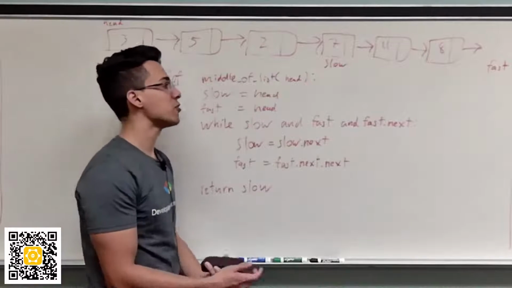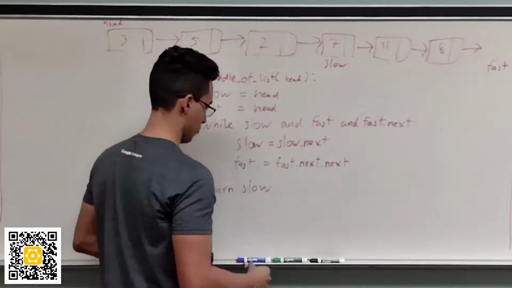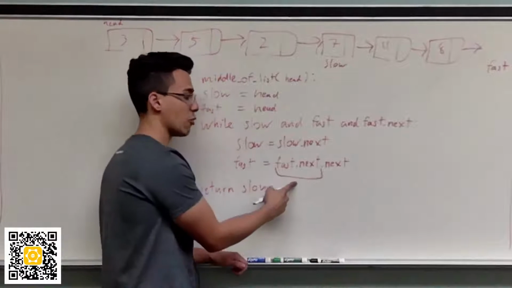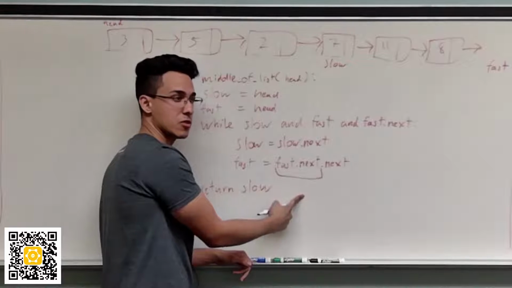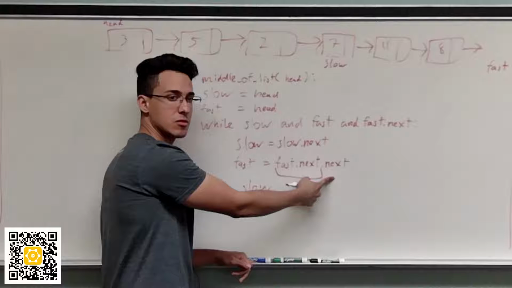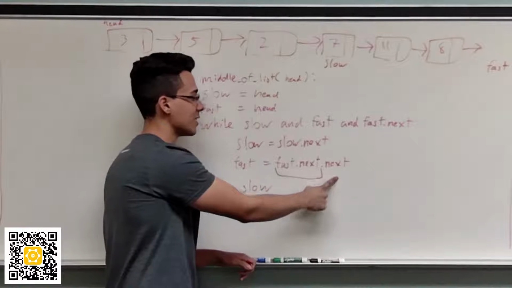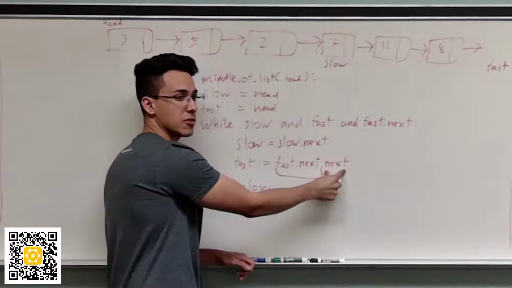Okay, so the reason why we're checking that fast dot next is not null is because we're going to invoke it. And when we invoke it, we want to check a variable attribute of it. Yeah, it's an attribute in object-oriented. So if this is none or null, it's not going to have a next variable. It's not going to be there.